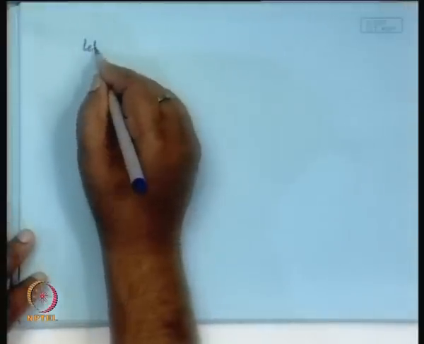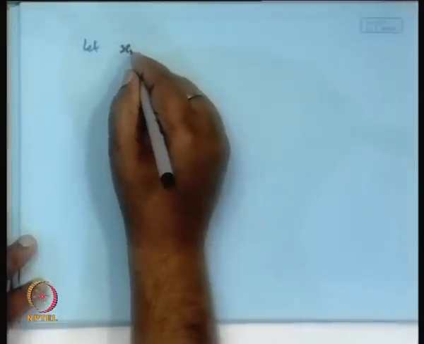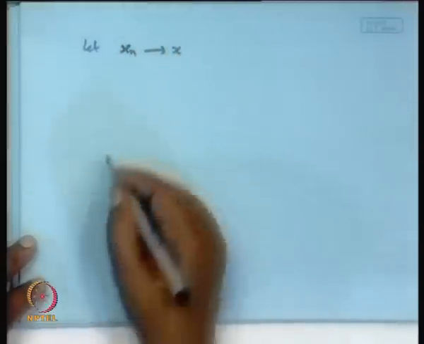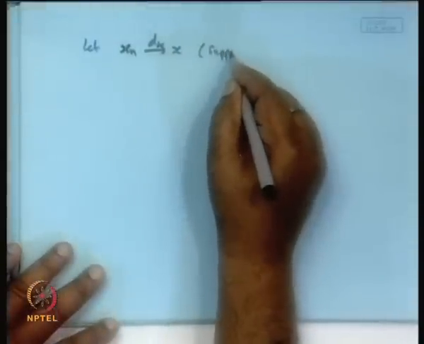Why? Because if we look at this, suppose x_n converges to a point x under the metric D2. Suppose this is our assumption. Okay.